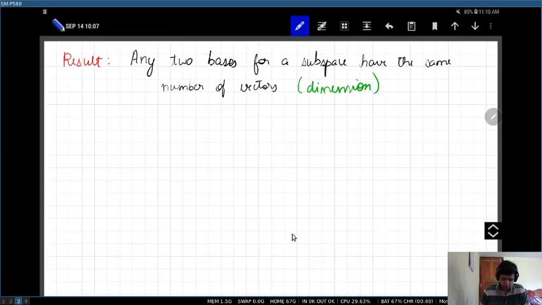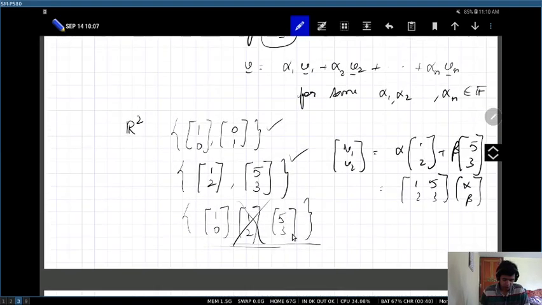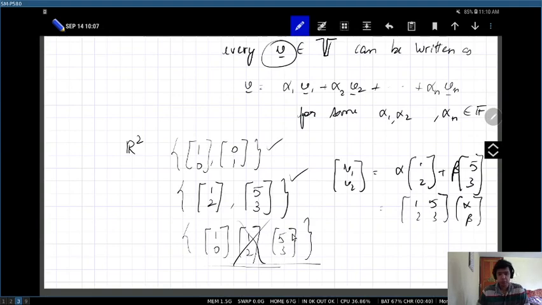So a remarkable result in linear algebra is that no matter which two bases you take for a subspace, clearly the basis of a vector space is not unique, as we've seen in this example, because for R2 we know that this forms a basis, we also know that this forms a basis, right?